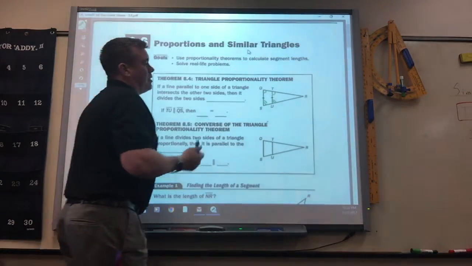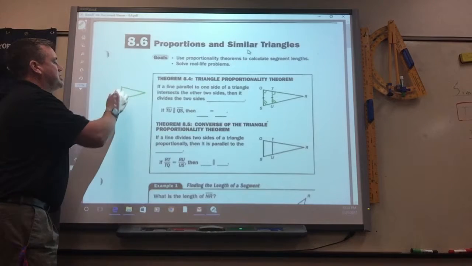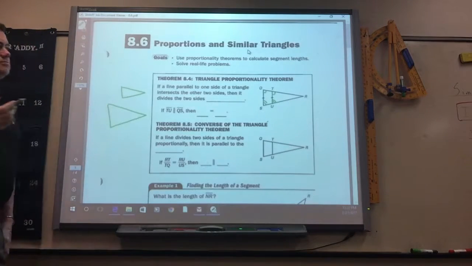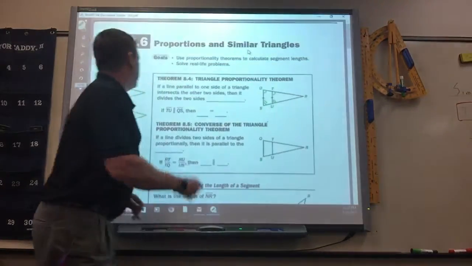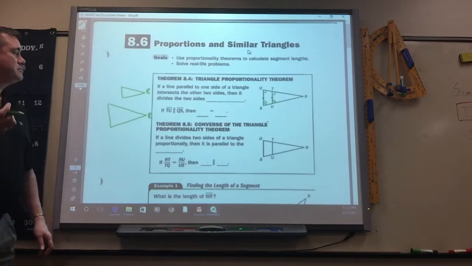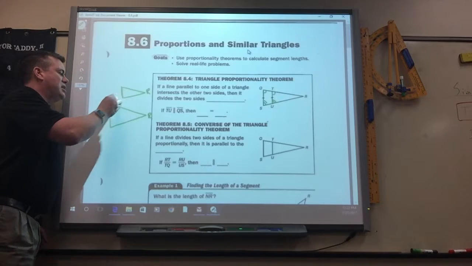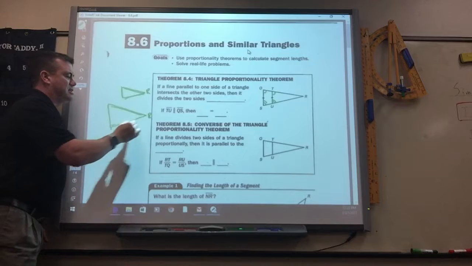Now, if you drew this separately, there's the top one and then there's a bigger one. So this also has a shared angle there. Angle R and angle R are the same angle because they're overlapped. But if you did a proportion, it would be this side corresponds to that, this to this, and this to this.